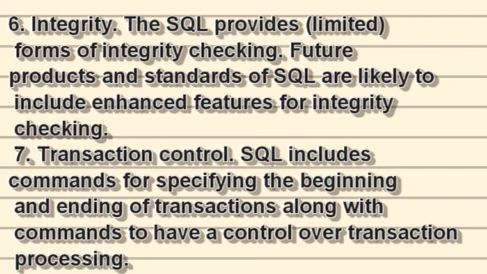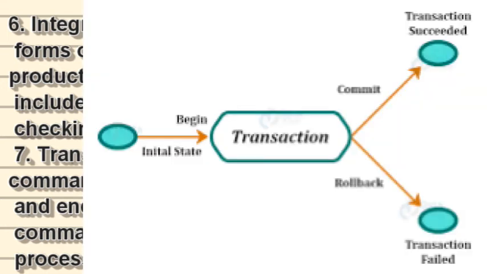Means either it will execute the command and tell that the command has been executed, otherwise it will tell that it has failed. The best example for a transaction is when we do a payment on the bank online. If the transaction is fulfilled, either we enter the OTP or whatever we have to do, it will be executed, else it will fail. So this is the transaction control that SQL also needs to understand. If it gets a command, it either needs to operate it or does not need to operate it accordingly.